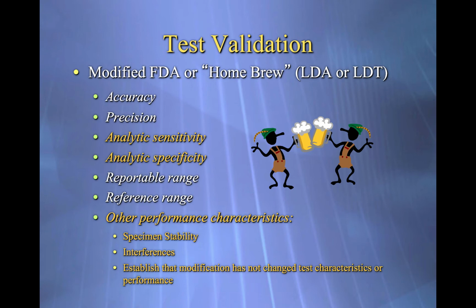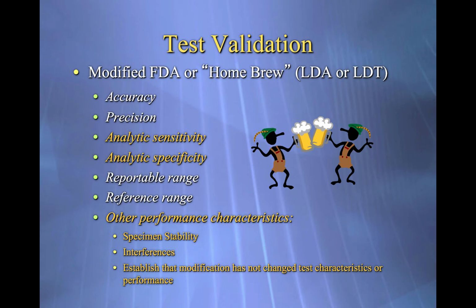Same thing would apply if you develop the test totally in-house, a so-called lab-developed assay or lab-developed test. Then they're going to expect that in addition to the accuracy, precision, reportable range, and reference range, which I've already talked about, you've also got data on the analytic sensitivity, the analytic specificity, and other performance characteristics such as stability, how it should be stored, and any interferences.